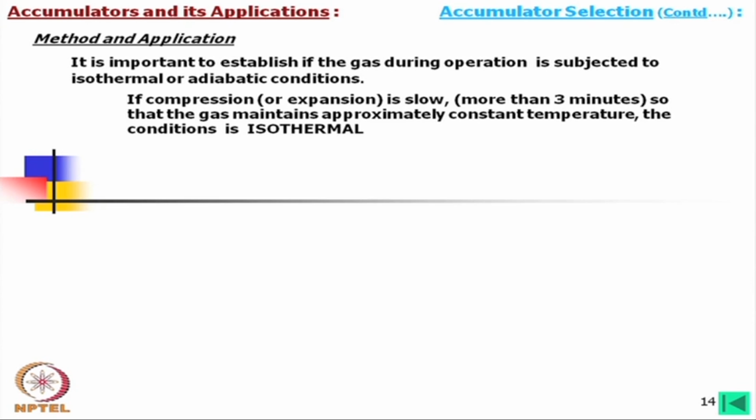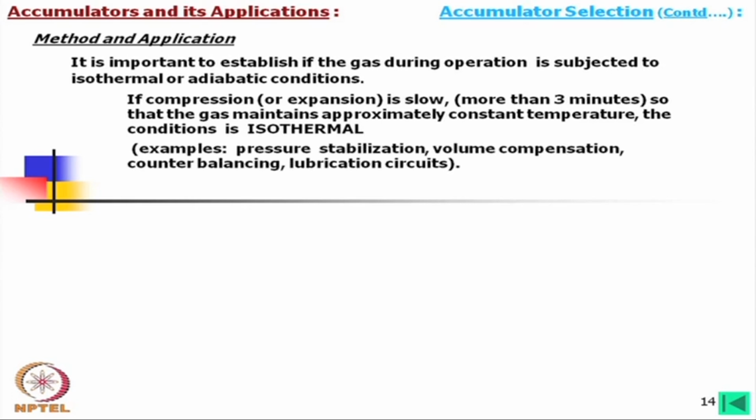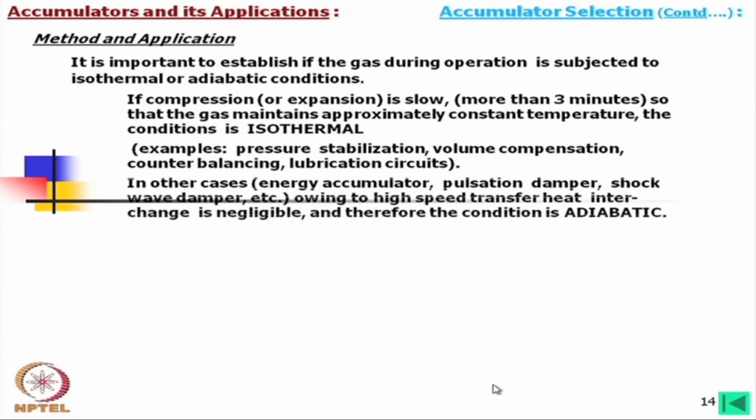If compression or expansion is slow, more than 3 minutes, so that the gas maintains approximately constant temperature, the condition is isothermal. Okay. Examples: pressure stabilization, volume compression, compensation, counterbalancing, lubrication circuit. In that case, this is the isothermal condition.